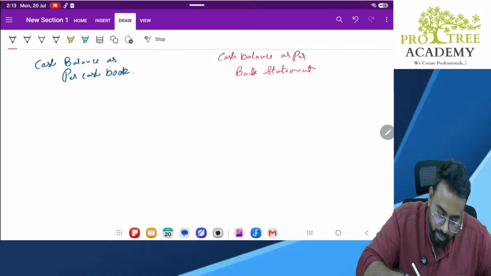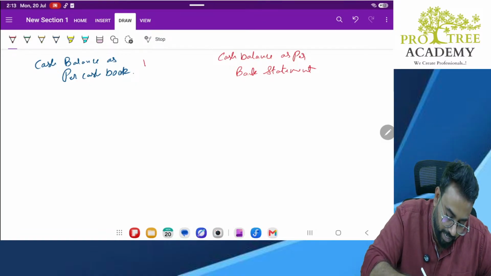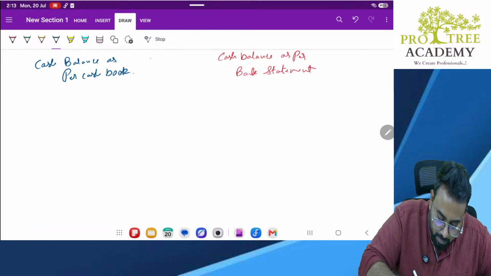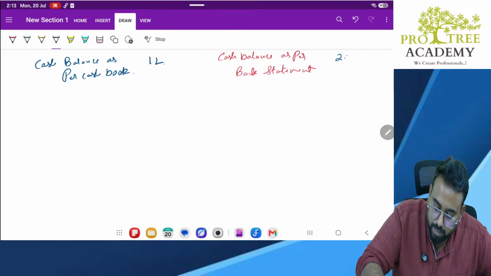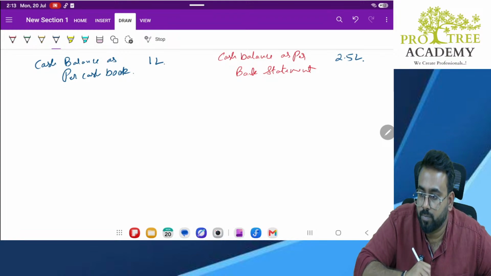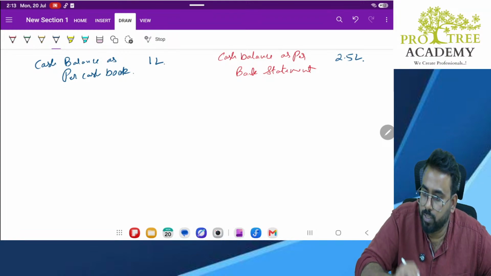Say if I start here with 1 lakh, say this balance is showing 1 lakh and this balance is showing 2.5 lakhs. Correct? Now both should look similar.